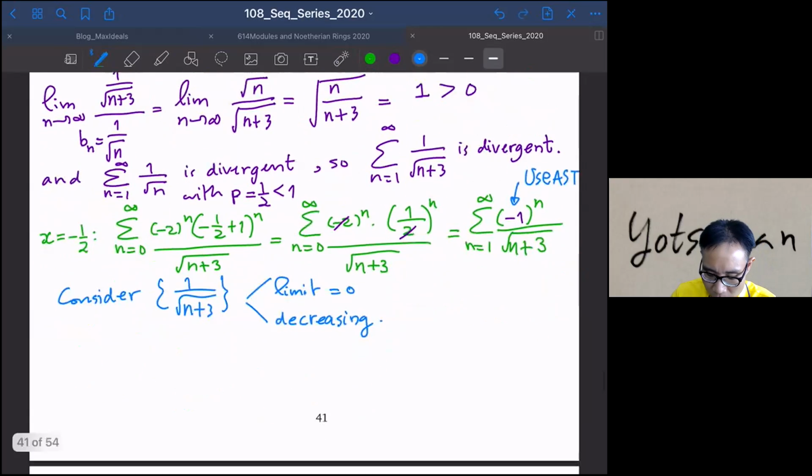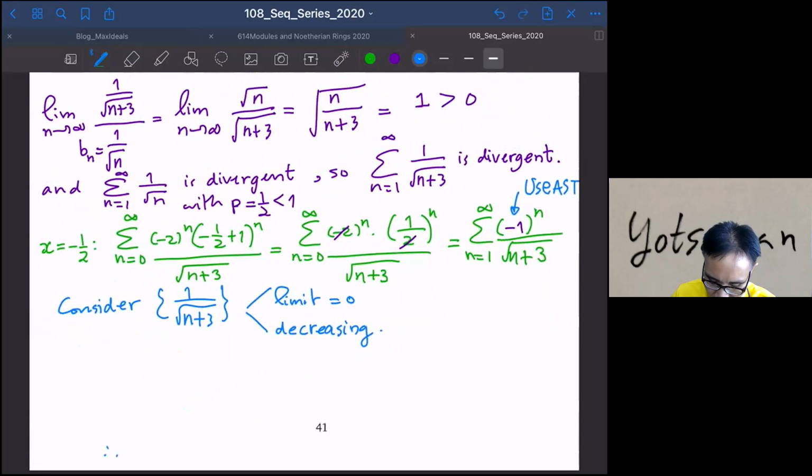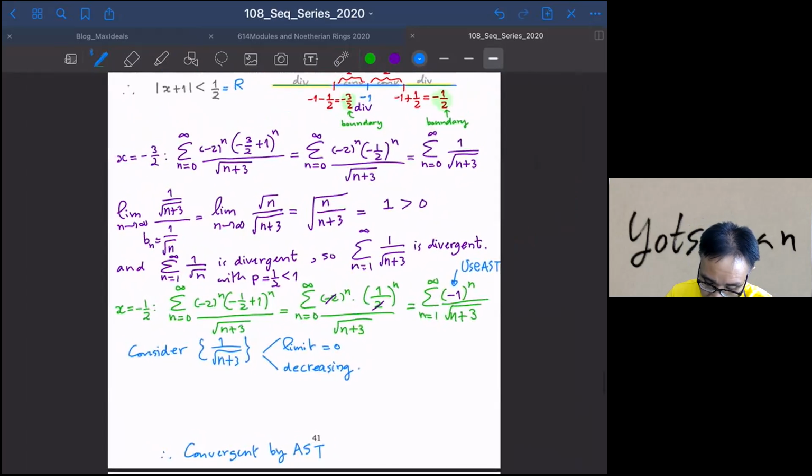And the conclusion will be convergence by AST. If you are able to show them, the conclusion turns out to be convergence by AST, and you're going to have the convergence here.